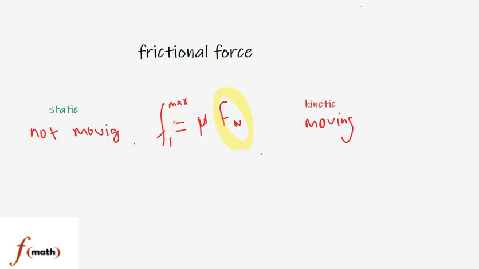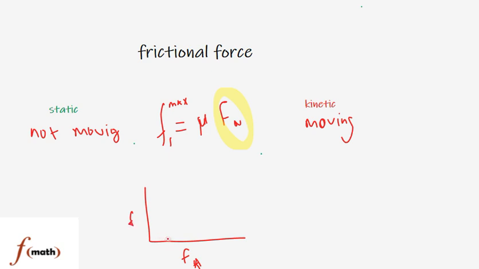Max, because, let me say this is a frictional force versus a force applied, a force that you're applying on an object. Whenever there is a force applied on an object, this is the friction.